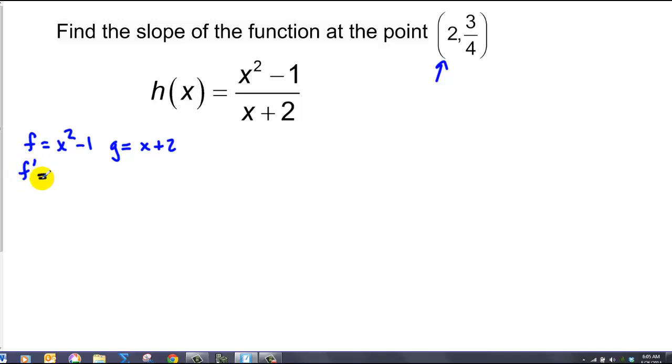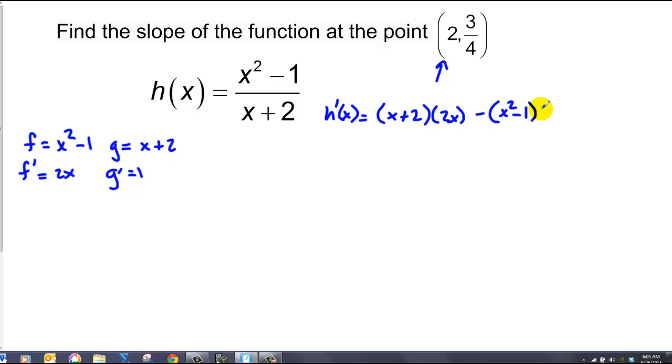F prime is 2x. G prime is 1. H prime of x is equal to, once again, g f prime minus f g prime over g squared.